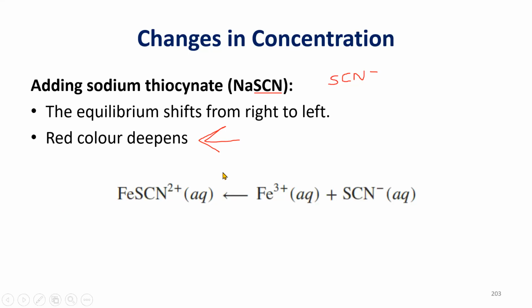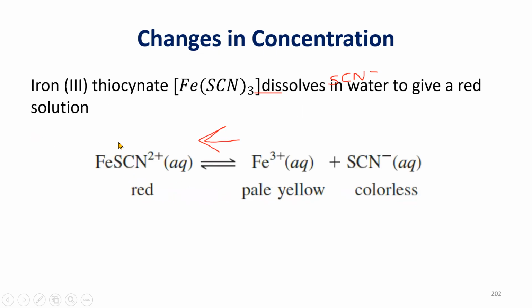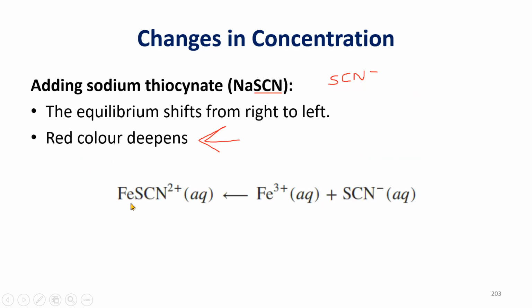So how this is observed is that if the equilibrium shifts in that direction, then the red color will deepen, because you see the formation of this ion will be observed by the changes in the color of the solution. So more red color, so therefore the red color deepens.